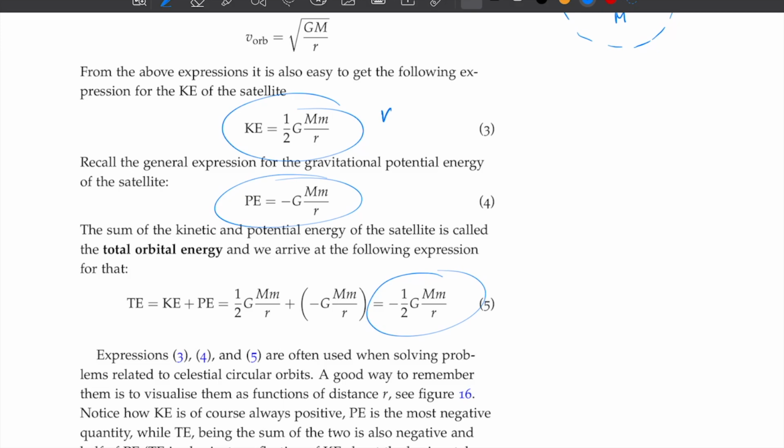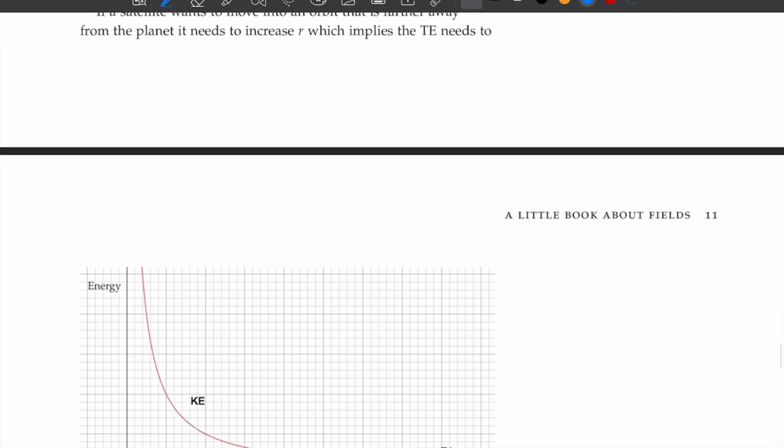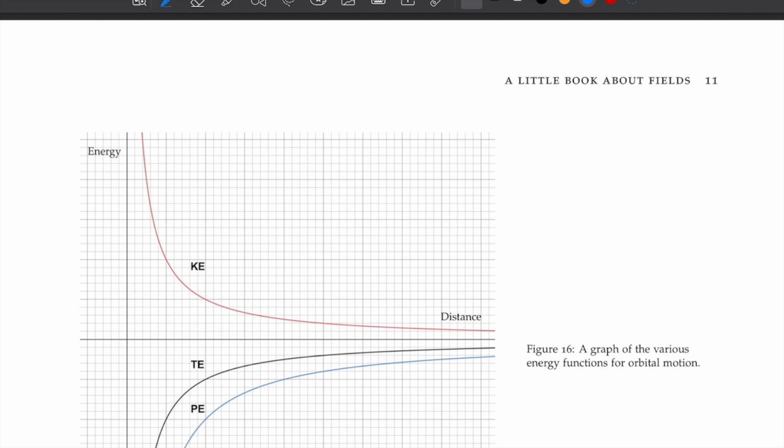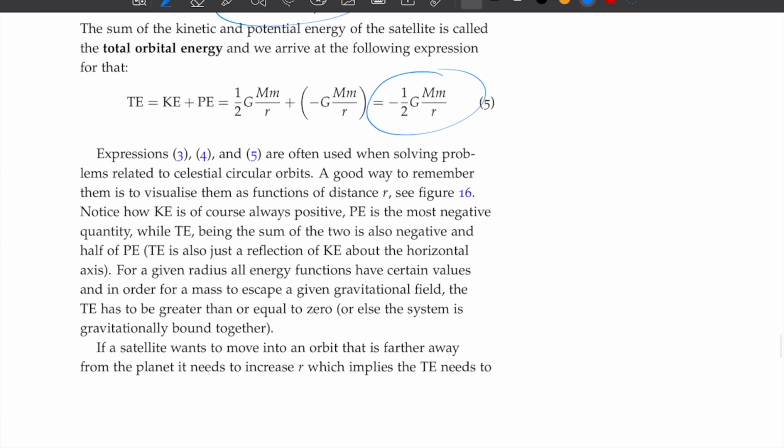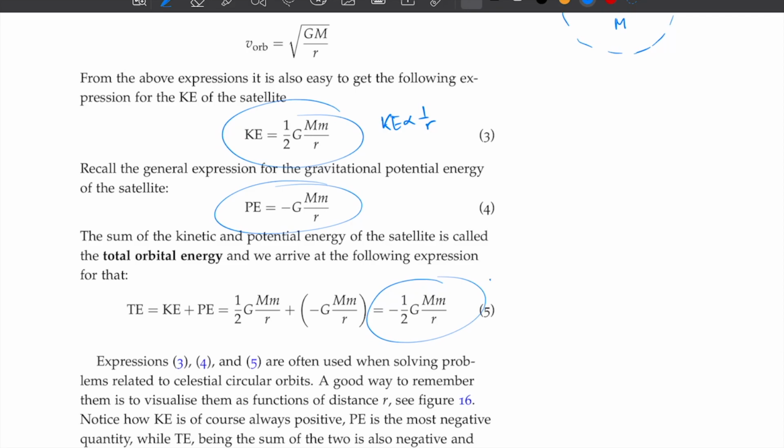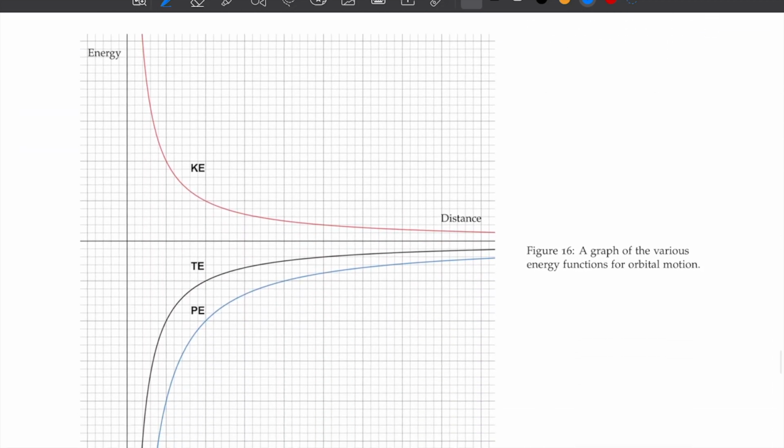You can see how kinetic energy is proportional to 1 over r. It's a hyperbola. So I've drawn a positive hyperbola there, the kinetic energy. Total energy turns out to be negative the kinetic energy. Still a 1 over r dependence, but it's negative. So it's just a mirror image of the kinetic energy.